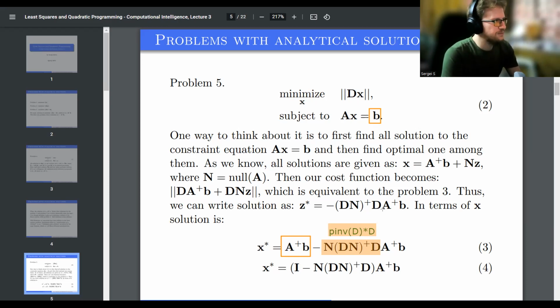So it would be 0 here, 0 here. Doesn't matter what you multiply it by, the answer would still be 0, which is what you would expect. If this guy is identity, so it doesn't impose any restrictions, then the solution to this would be 0, of course.